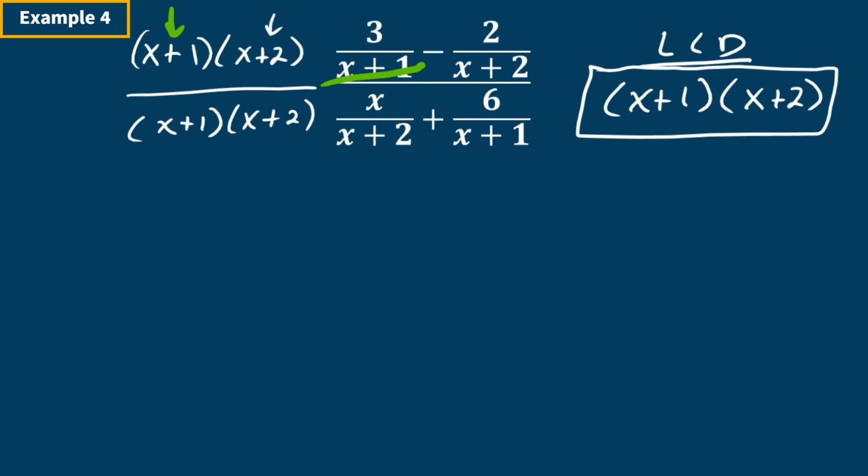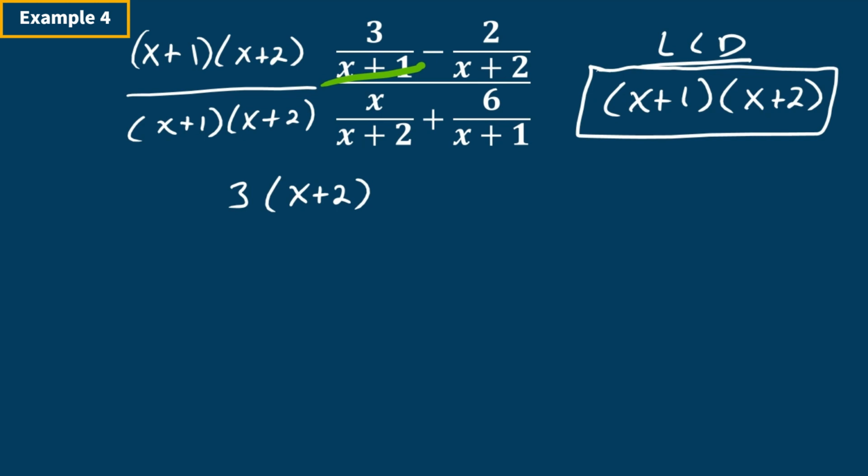the 3. So to save a step, instead of distributing out everything, we're going to cancel from here and write down what's left over. So for this first fraction, 3 over x plus 1, when we multiply, that's going to be 3 times x plus 2. Like that. Now, let's look at 2 over x plus 2.